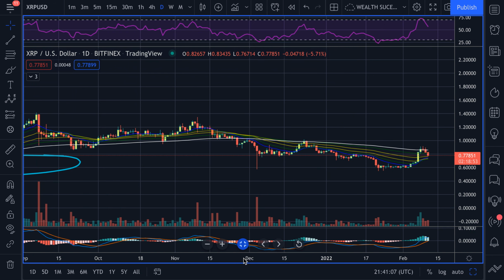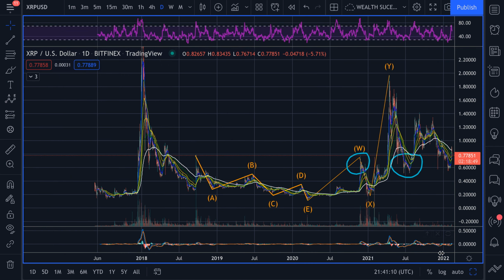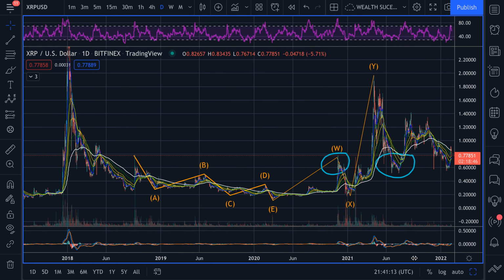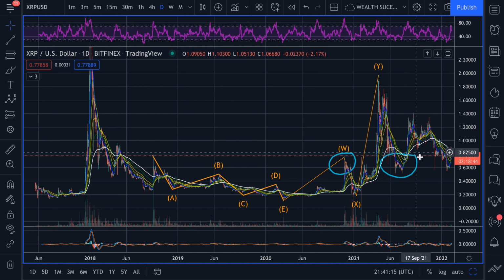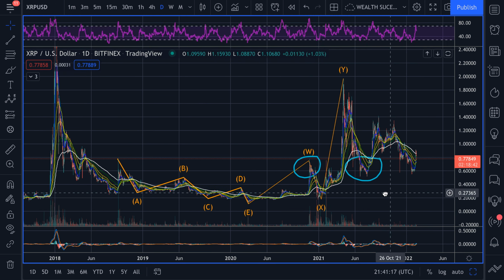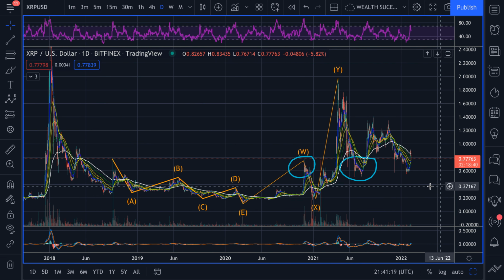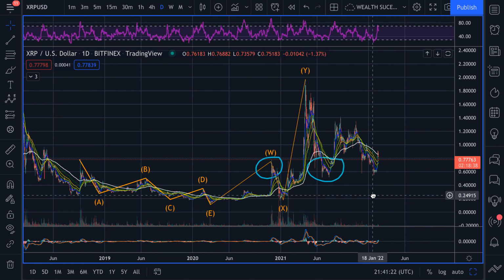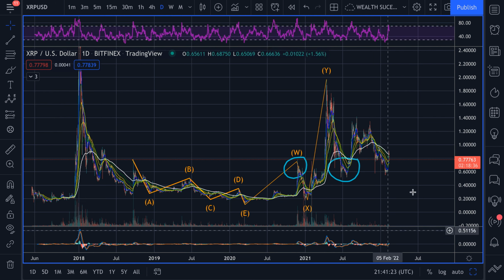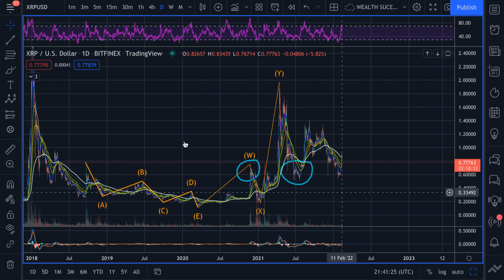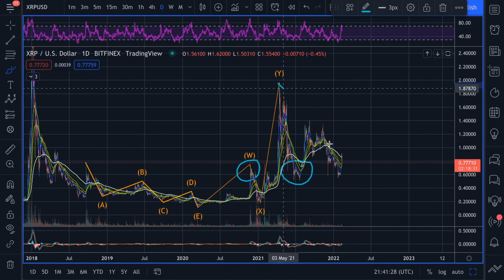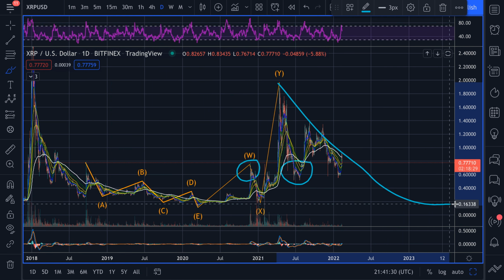So we're still in a correction, and it's hard to say when it'll be over because it could just correct and correct and correct, and it could do a whole other shape like it did a few years ago.